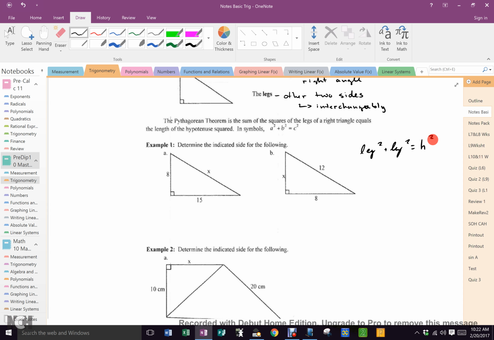If John drops that down, yeah? Now, do we know he has split this in half? Do we know that? No. But we do know that we have made a 90-degree triangle, don't we? So could we use that to find this?